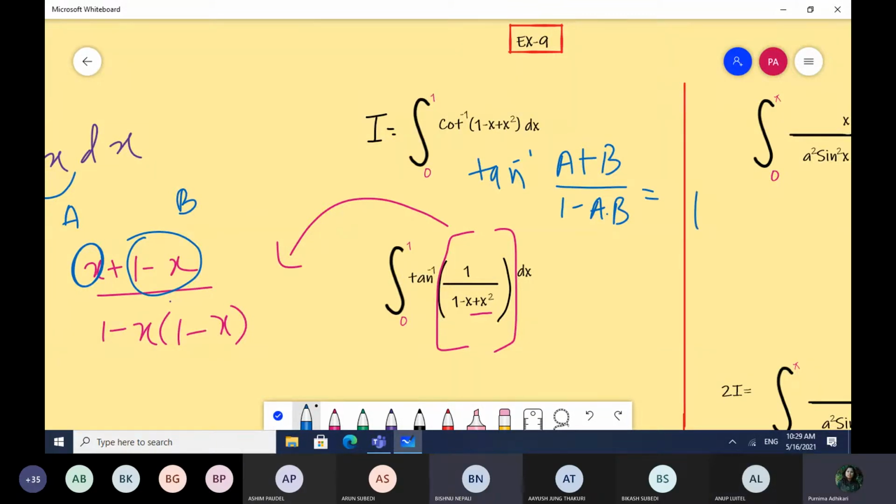Exactly, this is the formula for tan inverse A plus tan inverse B. So now we have simplified our function, and we have now got the desired integral. So this whole portion is clear to everyone? Any doubt anywhere?